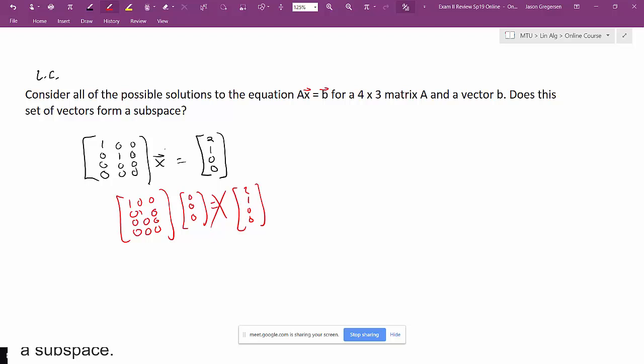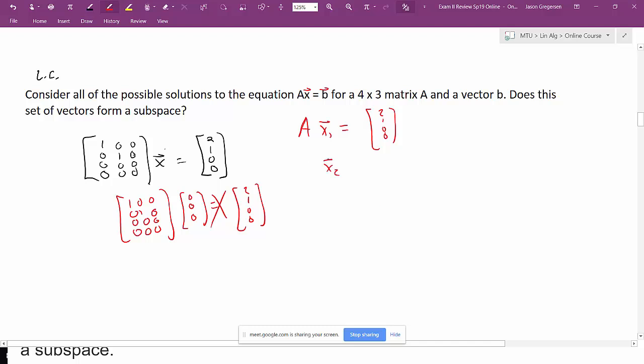Another way we can think about it is, let's pretend that x1 was a solution. Well, that means if I took that x1 and multiplied it by a, I would get 2, 1, 0, 0. Let's say that x2 is a solution. Then if I multiply that by a, I would get 2, 1, 0, 0. But if I added 2 solutions together, is that going to be a solution? Well, if I multiply by a, will I get 2, 1, 0, 0?